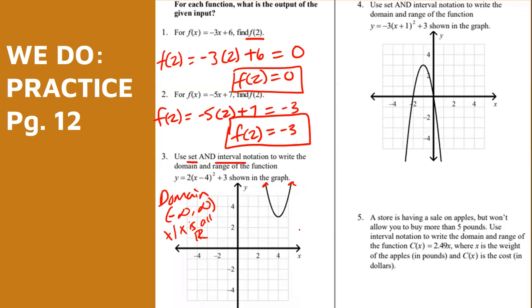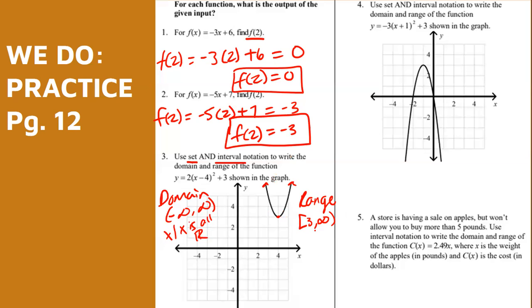Agreed? All right. Now the range. Range is a different story. What is my lowest y value? 3. So I start at 3, but I continue where? To infinity.